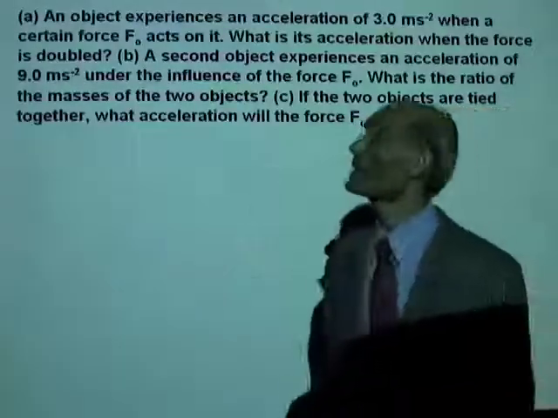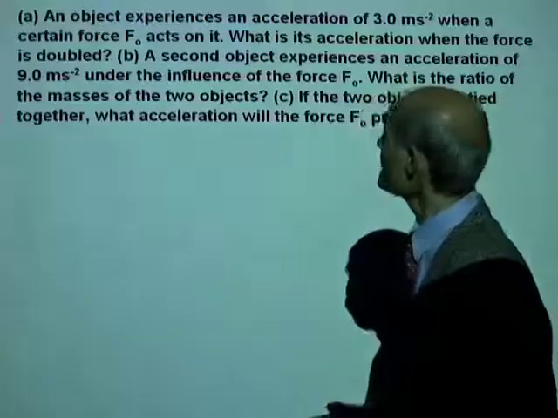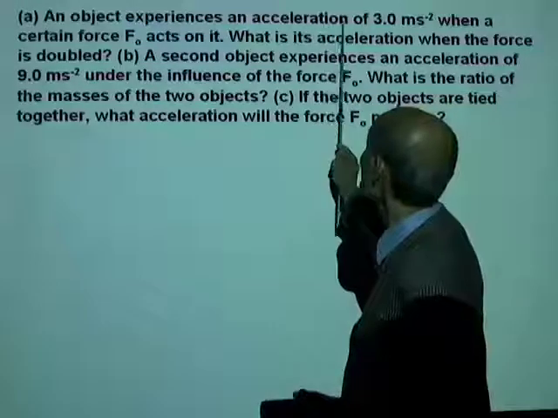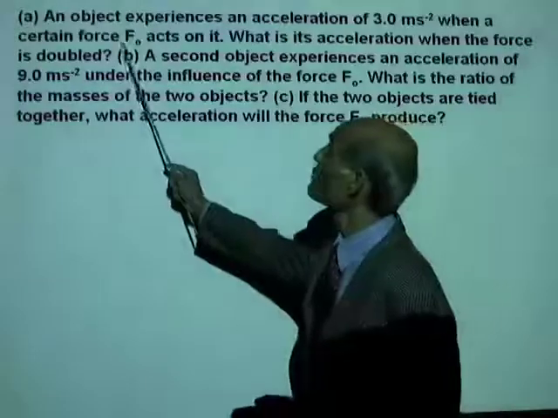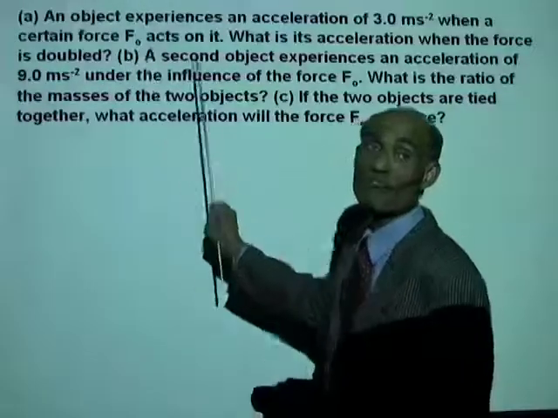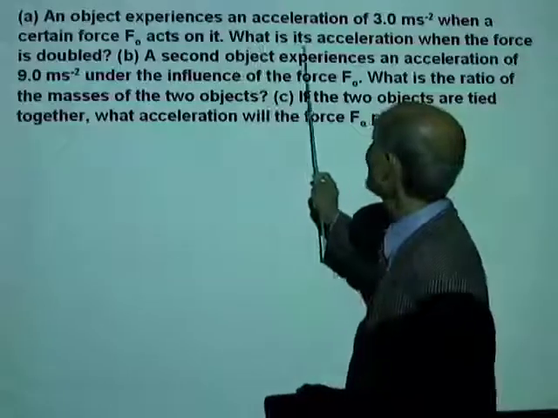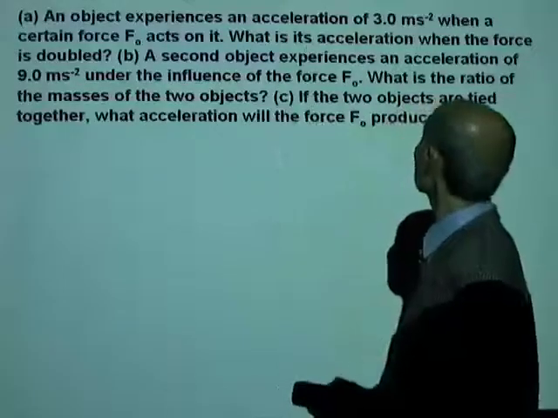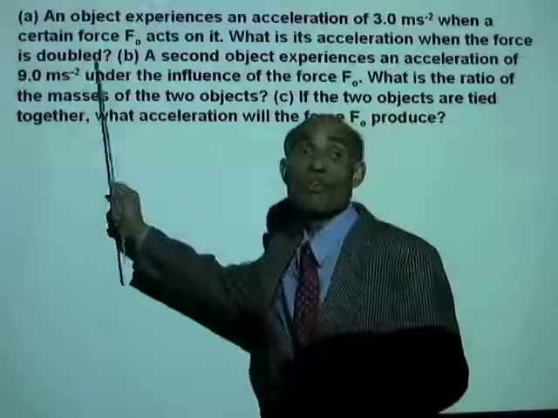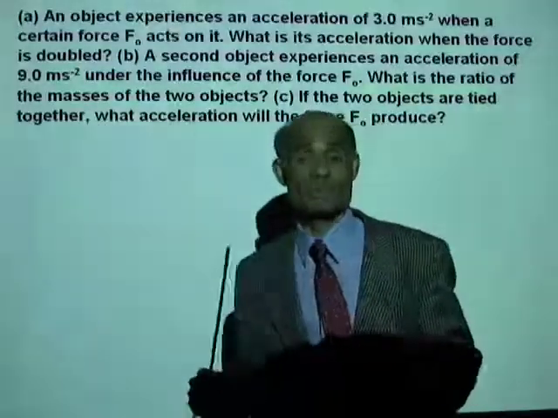Let's do another one. An object experiences an acceleration of 3 meters per second squared when a certain force F0 acts on it. Now what is its acceleration when the force is doubled?